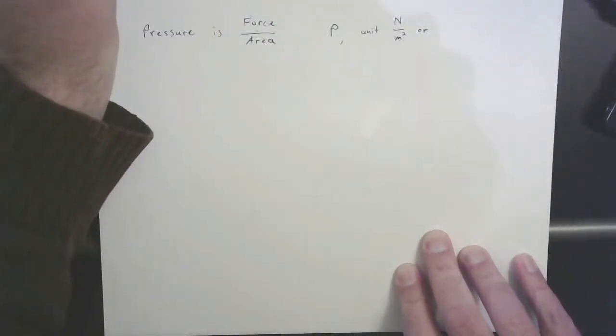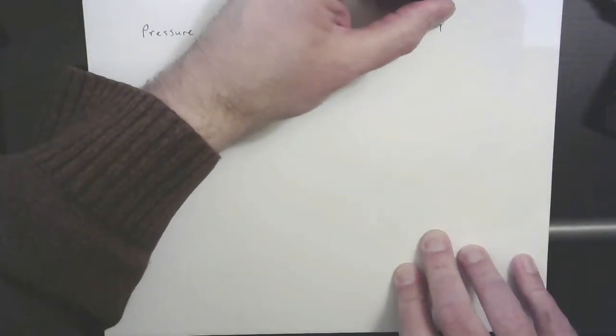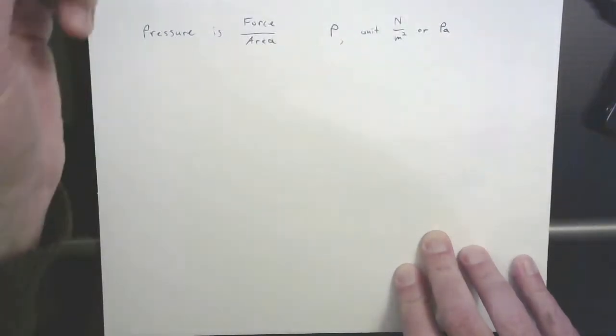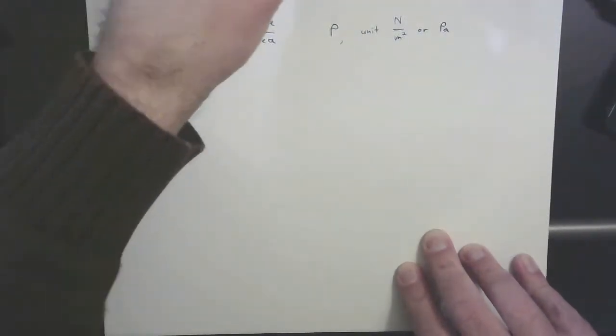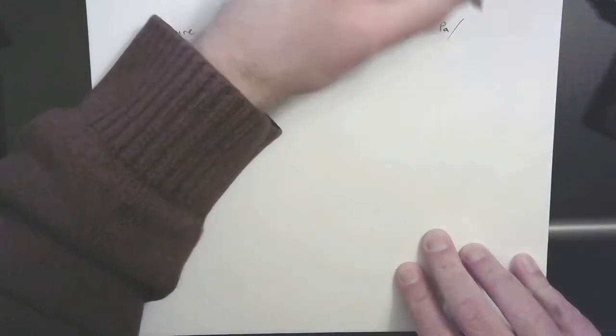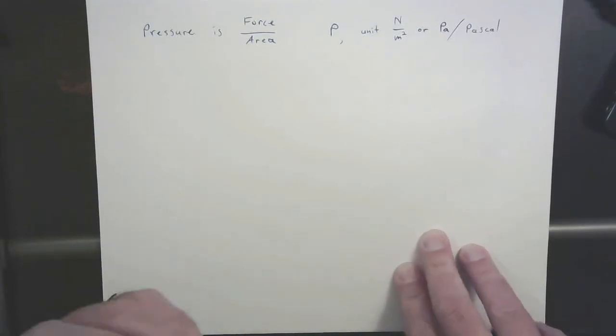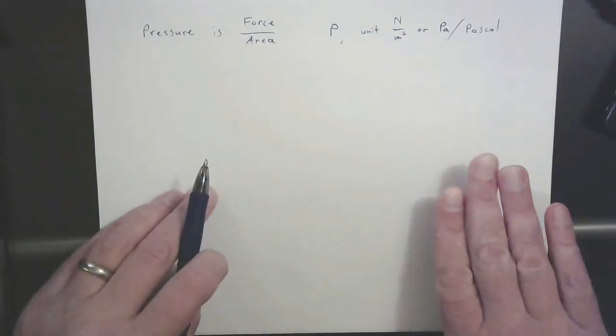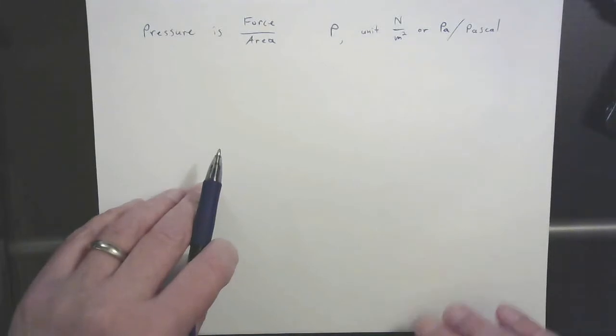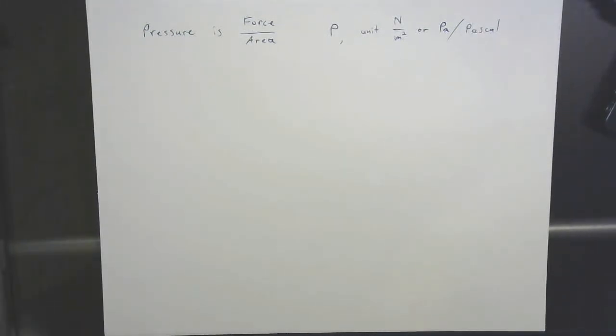But pressure is special enough that we'll also call it the Pascal. So the abbreviation is Pa, or that's a Pascal. The Pascal is a fairly small unit of pressure. For a human being, that's really not a lot of pressure.